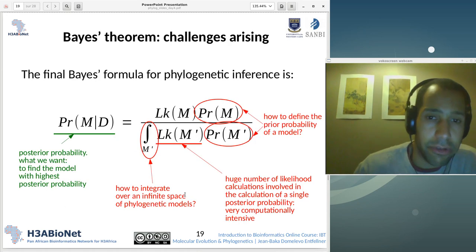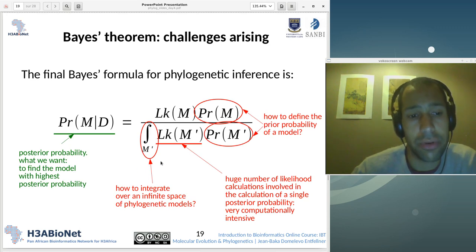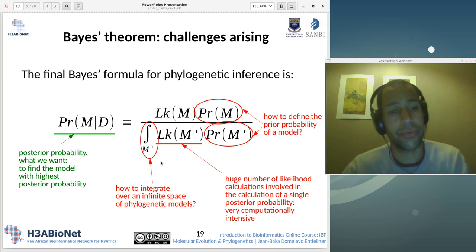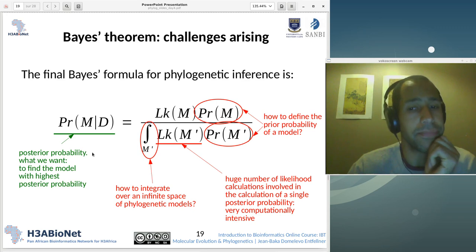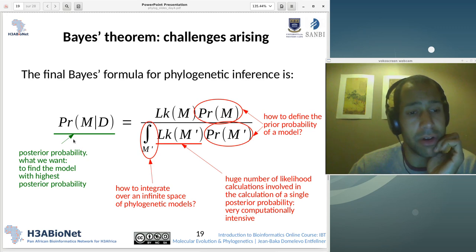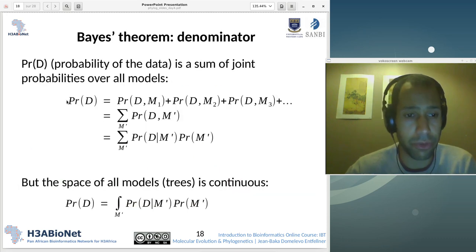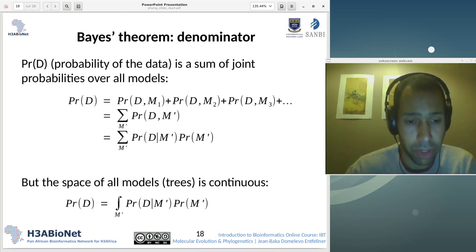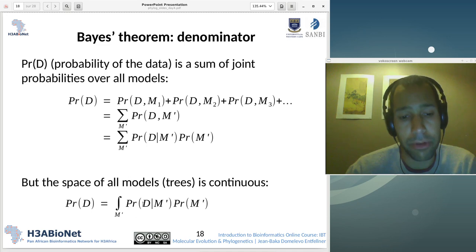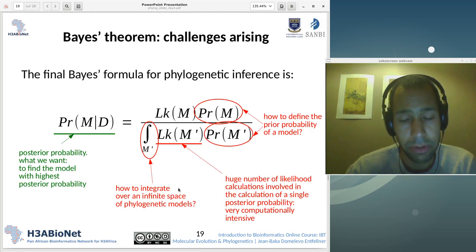And if we plug this into our formula for the Bayesian framework on phylogeny inference, what we have is this. The posterior probability is the target to optimize. We want to optimize this to find the model with the highest posterior probability. Here we have this in the numerator, and remember the denominator was the probability of D, and we rewrote it as an infinite sum of probability of D knowing M prime times probability of M prime.